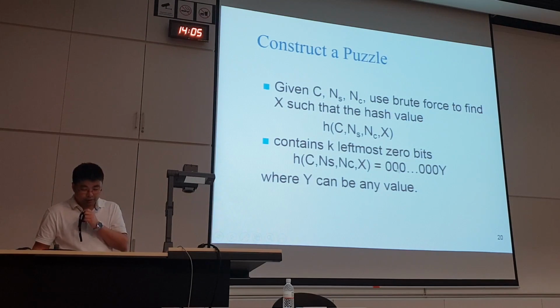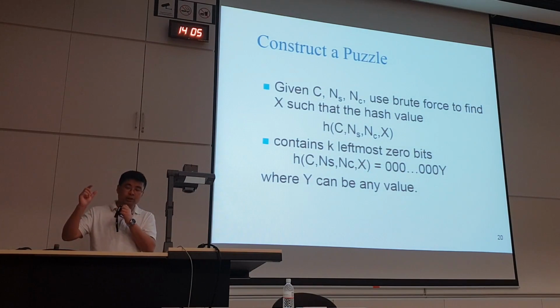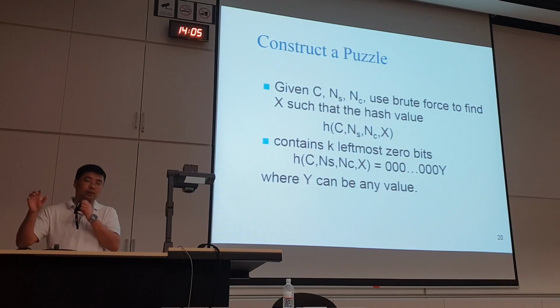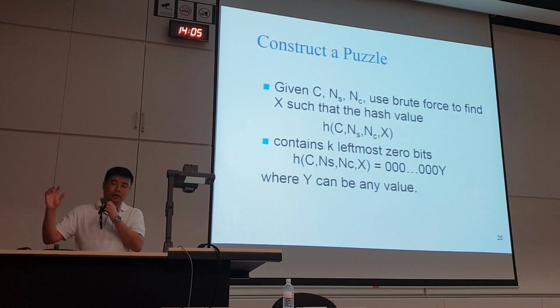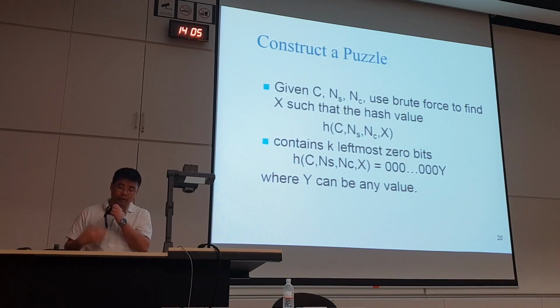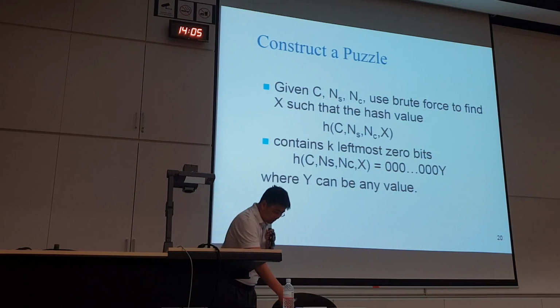The difficulty here is based on the fact that the hash function behaves like a random function. If you give an input, the chance that a particular bit in the output is 0 is only 50%. That means if you want 1 bit equal to 0, on average you need to try twice. But if you want k 0 bits, then you need to try 2 to the power of k times. And this is also the proof of work used in blockchain.